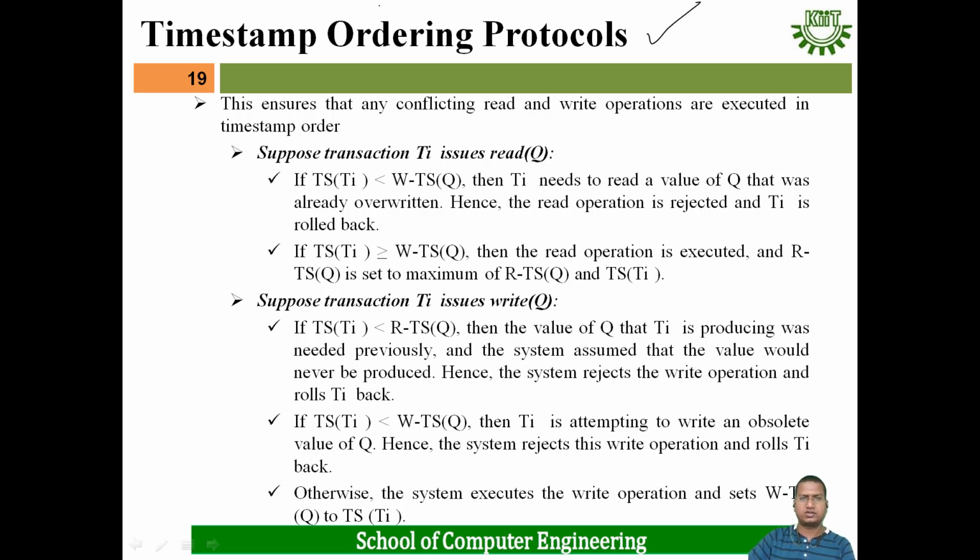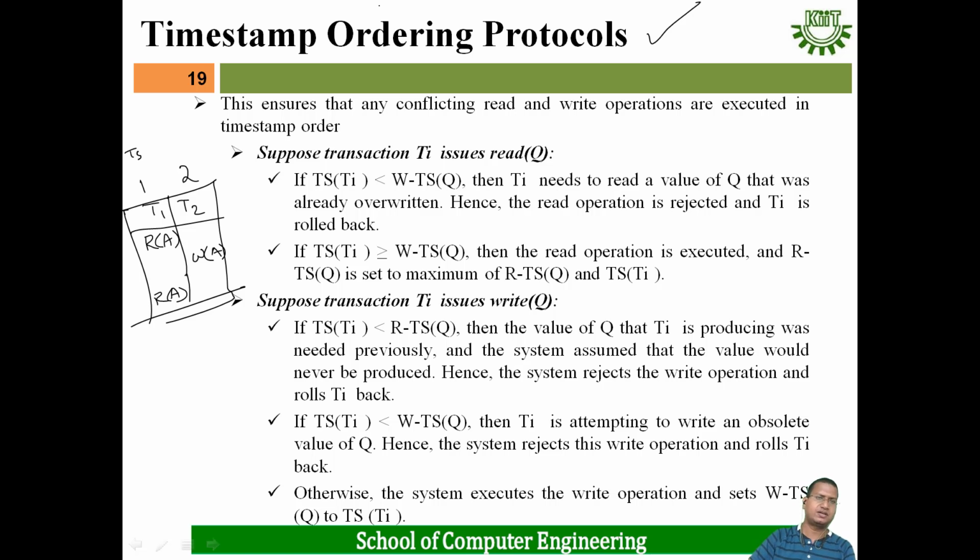Suppose transaction Ti issues a read. Here I am taking one example. Suppose two transactions T1, T2 are there, and here a read operation is there, here one write operation is there, and here another read operation is there. Here the timestamp of T1 is equal to 1 and the timestamp of T2 is equal to 2. Every transaction has one timestamp.